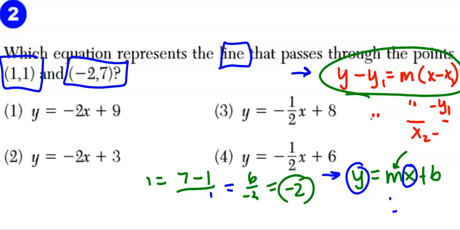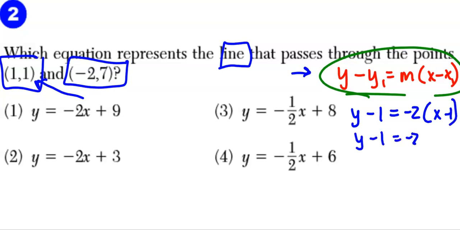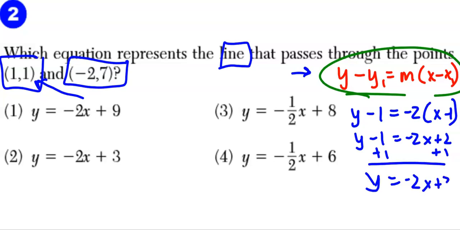So let's see. If I use my point slope formula, and I use this point, which is a great point to choose because the x and y values are the same, and you can't mess it up. So y minus 1 equals negative 2 times x minus 1. y minus 1 equals negative 2x plus 2. Add 1 to both sides. y equals negative 2x plus 3.